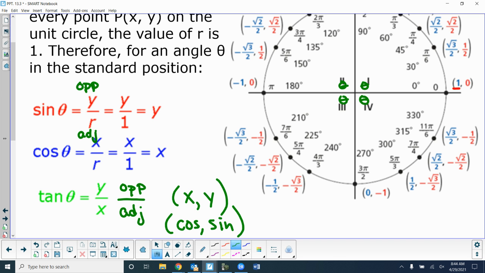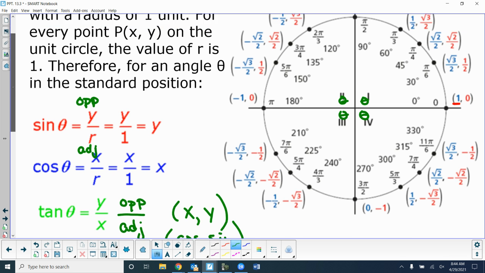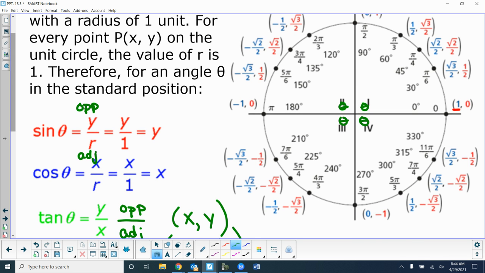Okay, so you see all these points they have labeled on the unit circle? Every blue one, every x value is what? The cosine. Every red one, every y value is the sine of that number of degrees or radians. Okay?